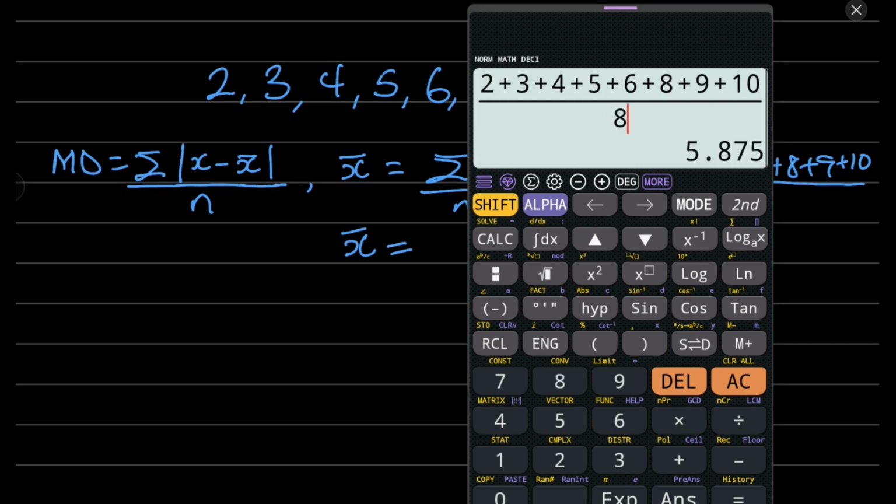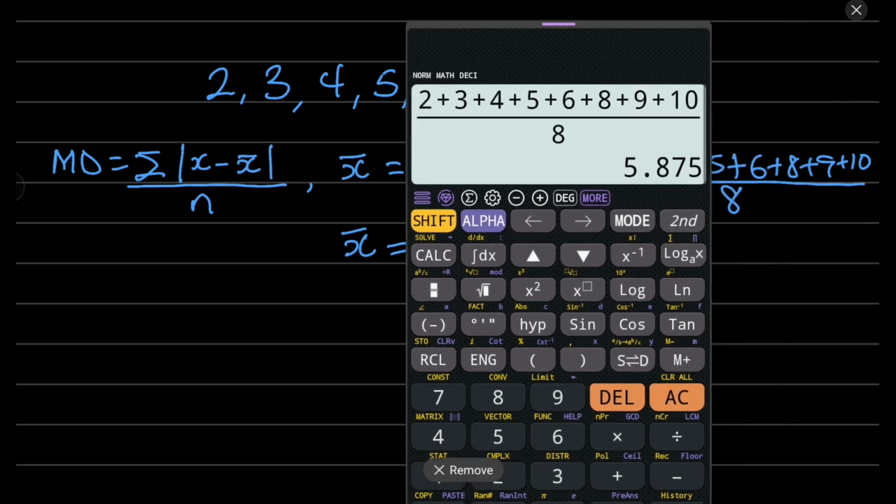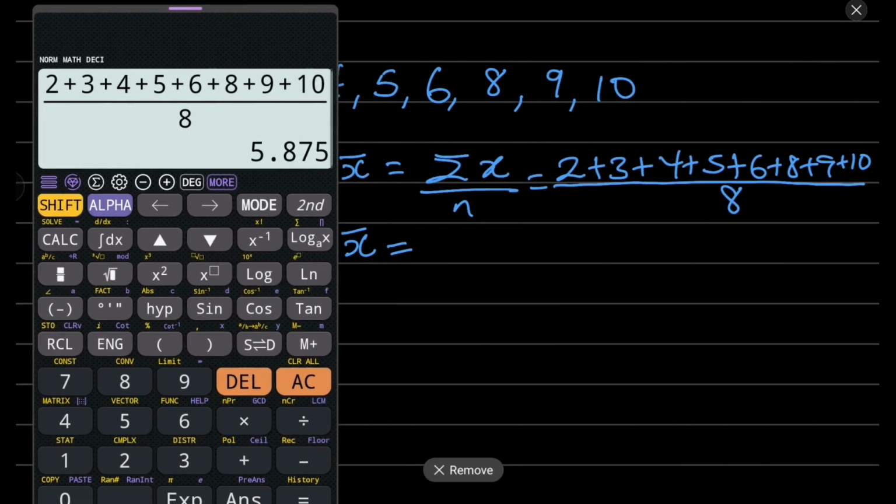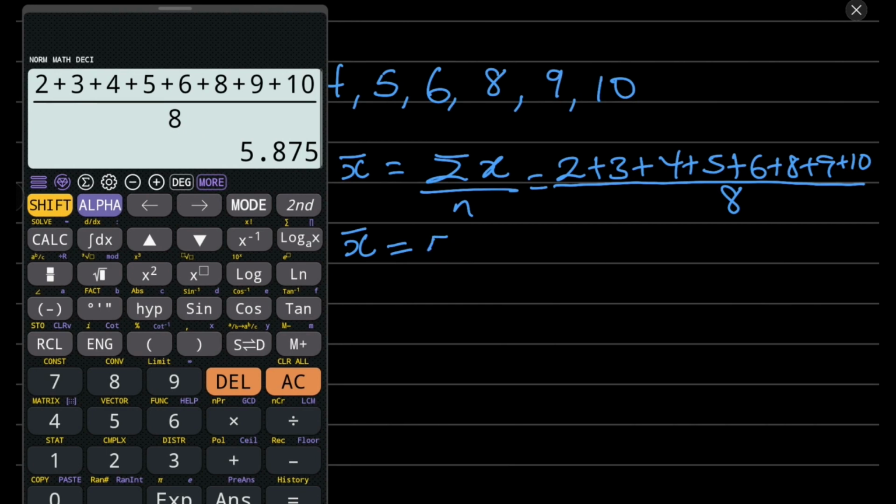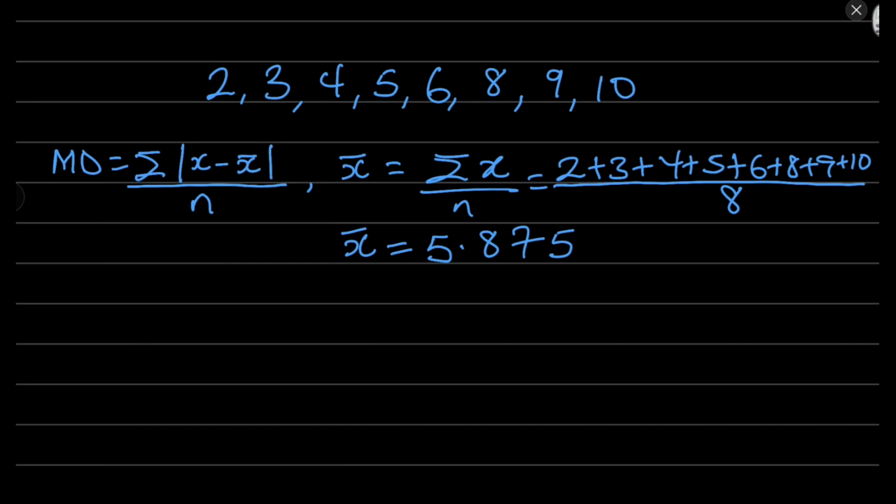So right here we have 5.875 as our mean.